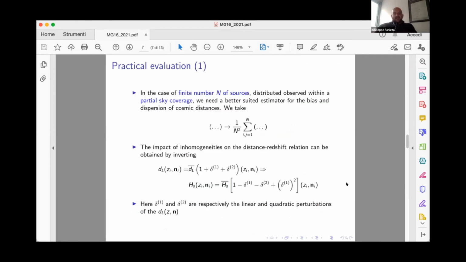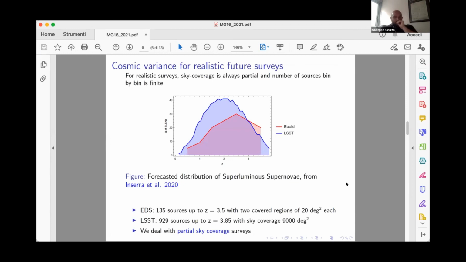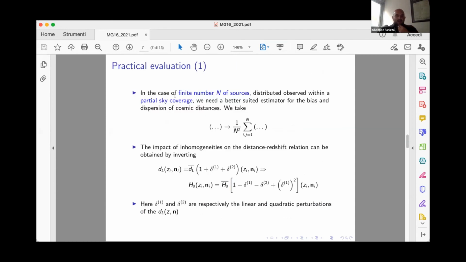So in this sense, the point that we want to understand here is how to connect the theoretical estimation about the counting of inhomogeneities in those surveys with the estimation of H0. And in this regard, we need to provide an estimator for the evaluation of H0.